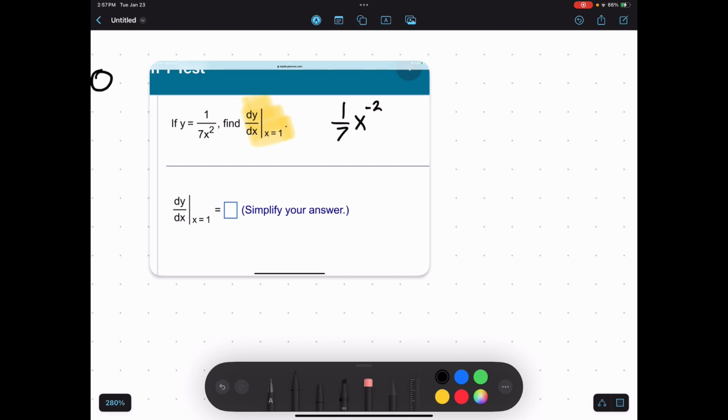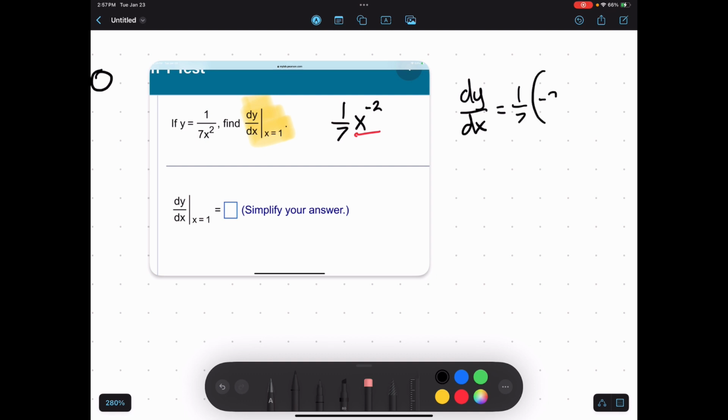Why is that helpful? Because now I can recognize that 1/7 is just a constant, and then I can focus on the derivative of x to the -2. Once we can write it like that, I can just use the power rule, and my derivative, dy over dx, is 1/7.